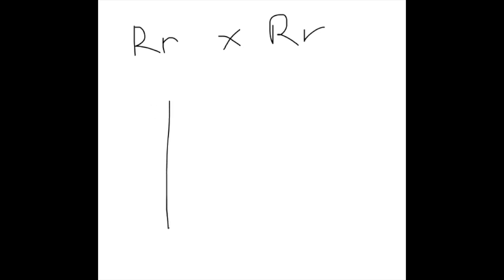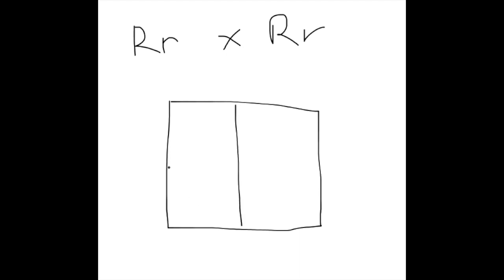First, you draw a box just like this, and then you divide the box into 4 parts, just because we're only looking at one trait here. So you're going to put each of those traits, so we'll put this parent right here. So we'll put big R, little r, and then we'll put the other parent right down here. So big R, little r.